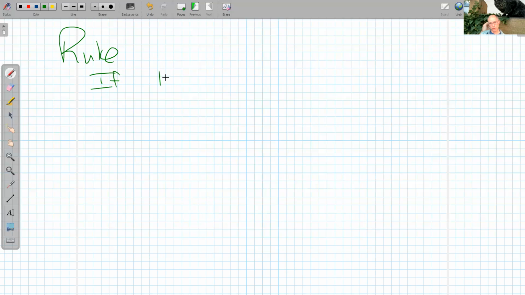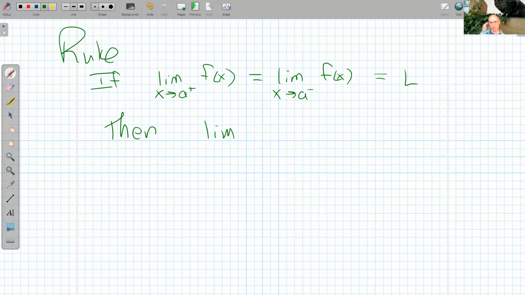If the limit as x approaches some number a on the right side of a function is equal to the limit as x approaches a on the left side of that same function, and let's say they're equal to the same number L, then we can say the two-sided limit, if I don't reference a side, no plus or minus there, is that number. And remember, L is a real number.